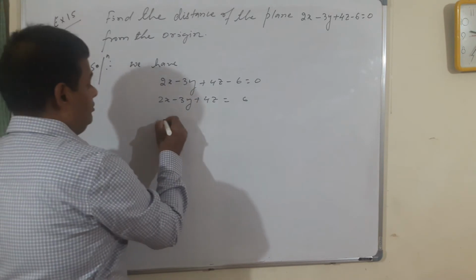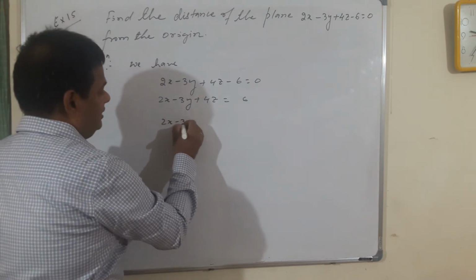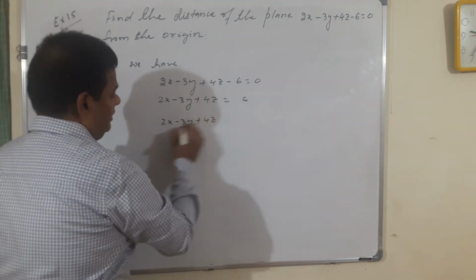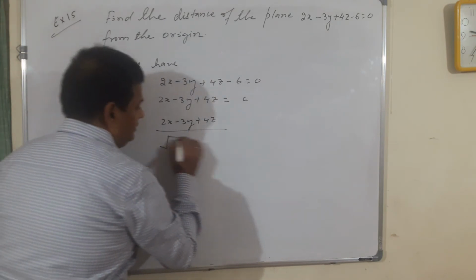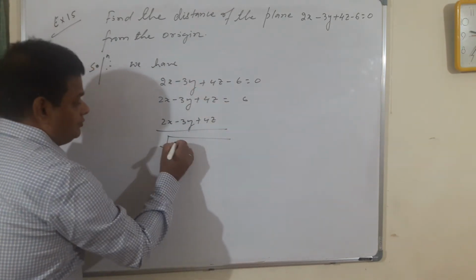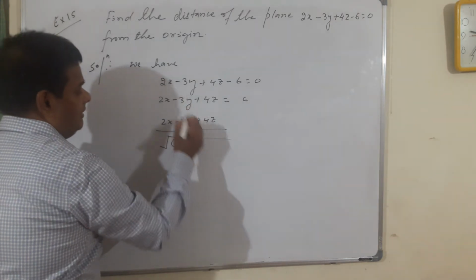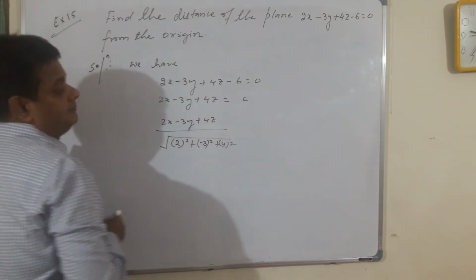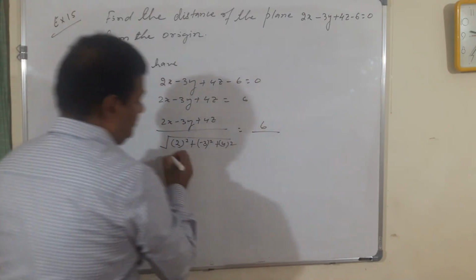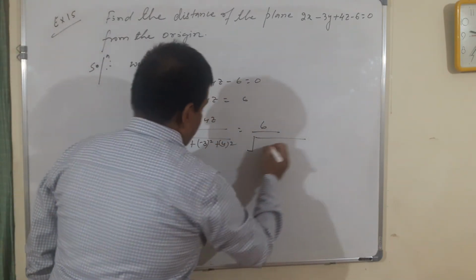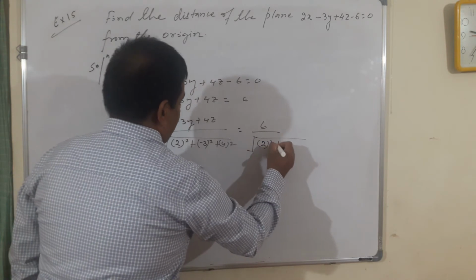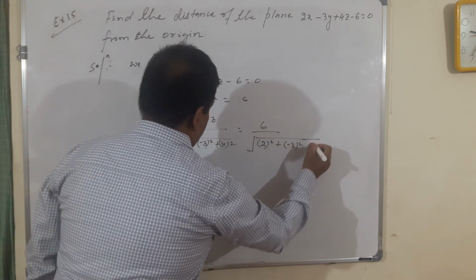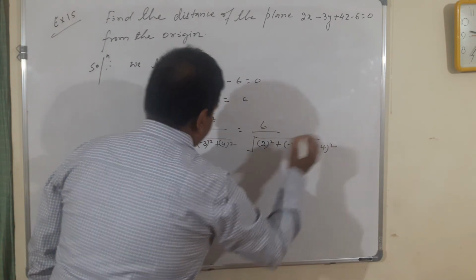We have to convert these to direction cosines. So what you will do here: 2x minus 3y plus 4z divided by the square root of 2 square plus minus 3 square plus 4 square, and this side also you have to do the same way: 6 divided by the square root of 2 square plus minus 3 square plus 4 square.